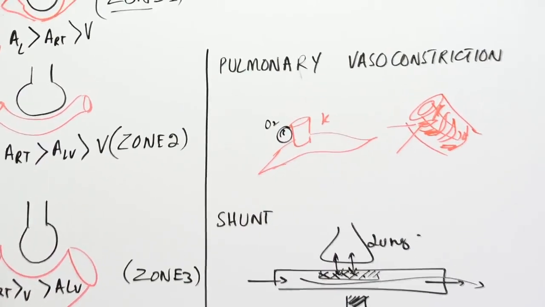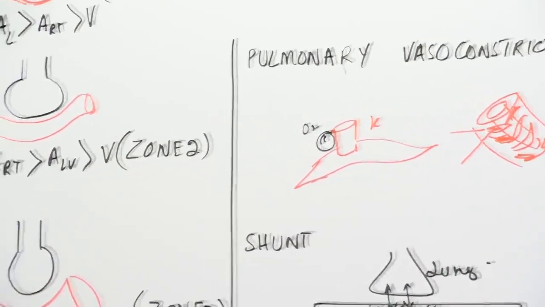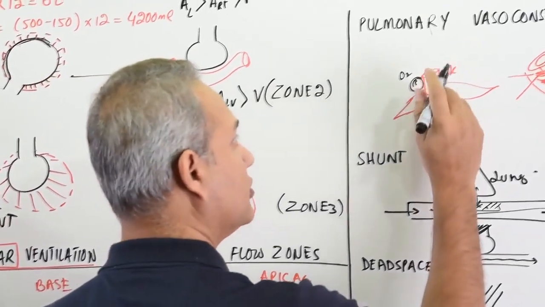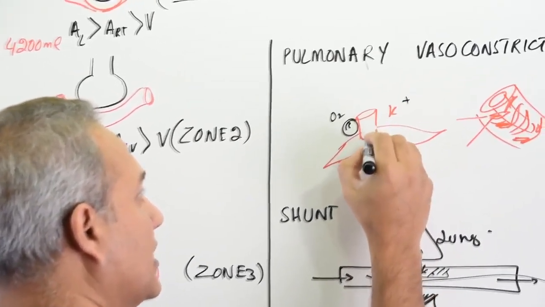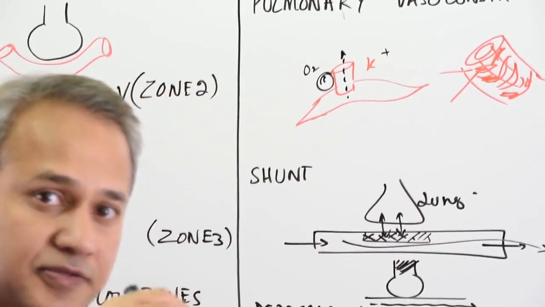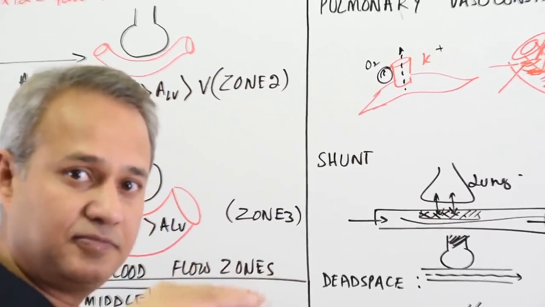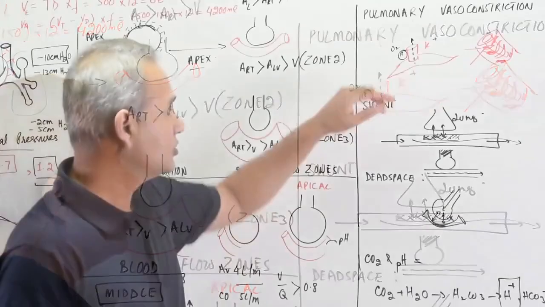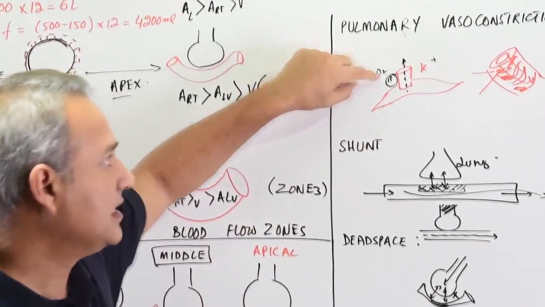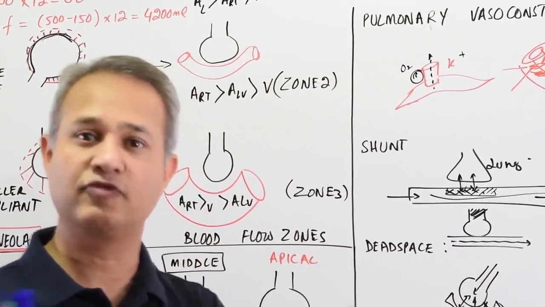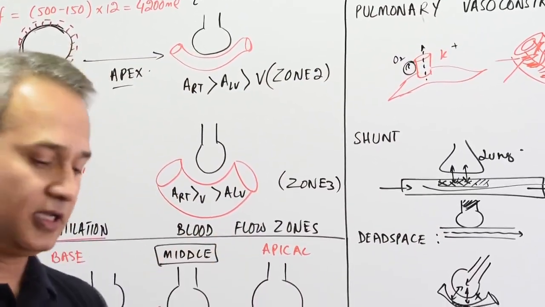So when oxygen binds with them, they open up, and when they open up, that causes the potassium to leak out, and when potassium leaks out, there is the normal resting potential that is created. So now when the oxygen is present, then the potassium ions are moving out and the resting potential is there and the muscle is acting normally.